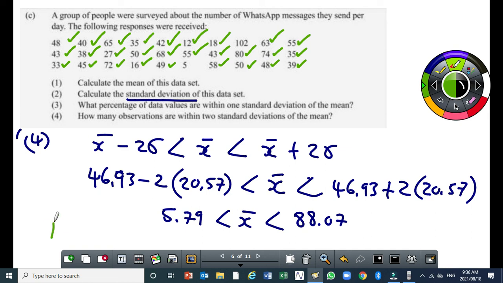Therefore, the number of observations is equal to 28. Are you following what I'm doing? Sometimes we even get a question asking to determine the number of observations or the percentage of observations within 3 standard deviations. We just do the same.